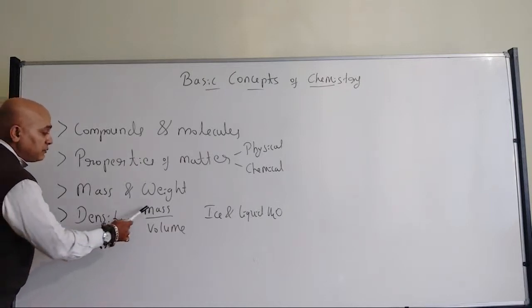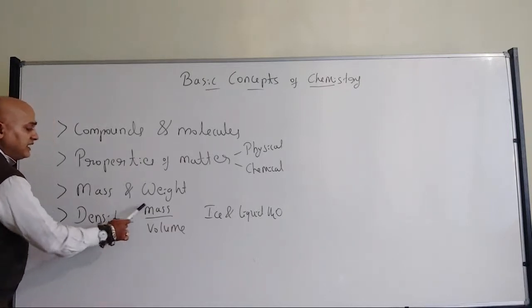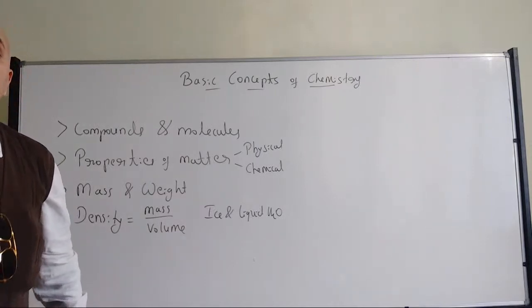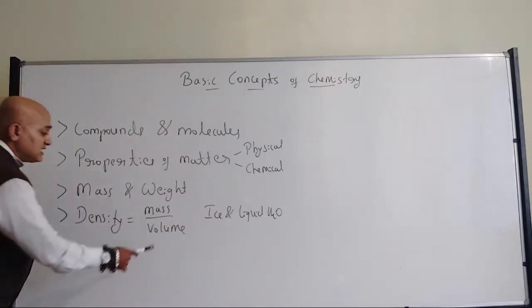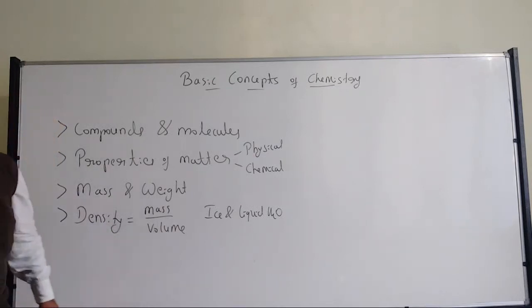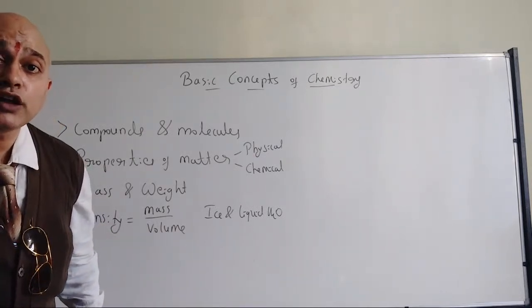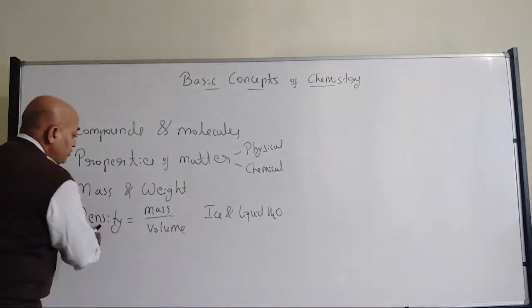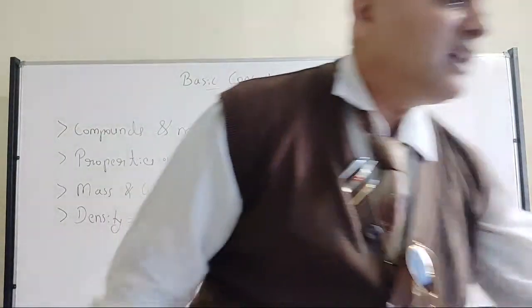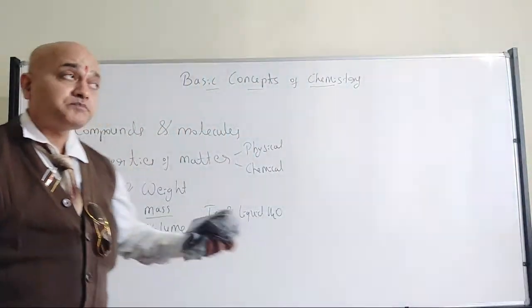Since density and mass are directly related, as there is an increase in the mass, density will also increase. Since volume and density are inversely related, as there is an increase in the volume, density is going to decrease. So that's what we have discussed in the last class, right?